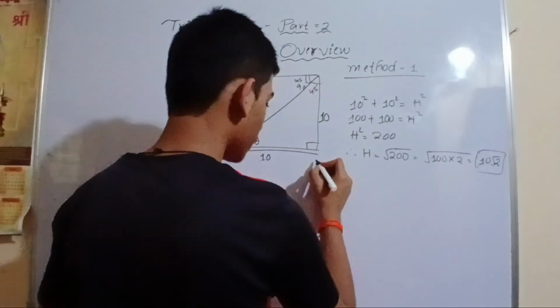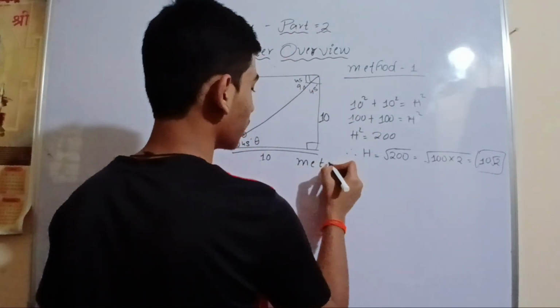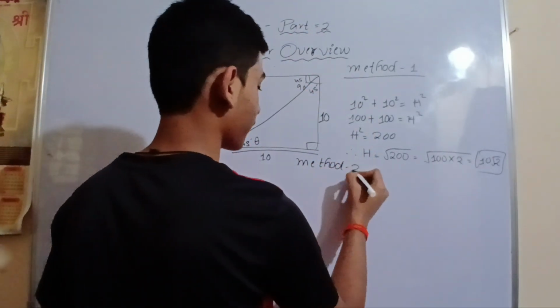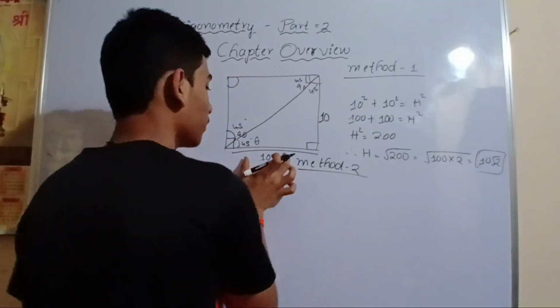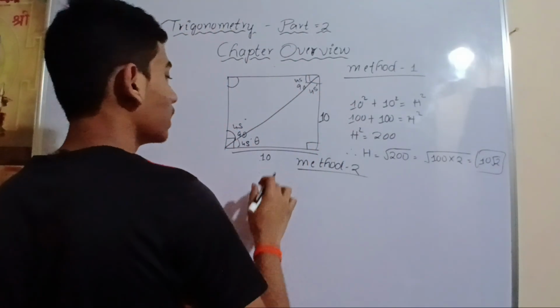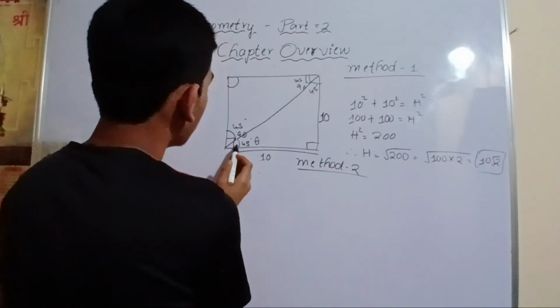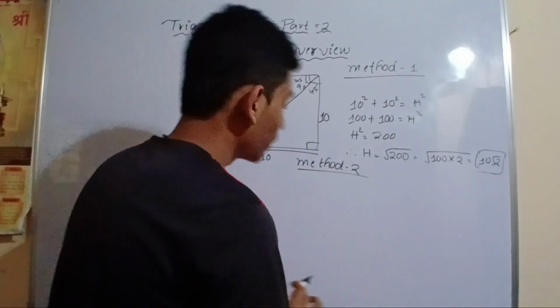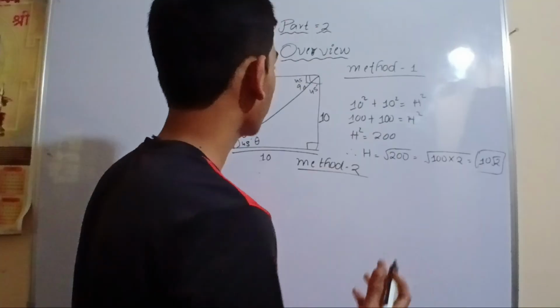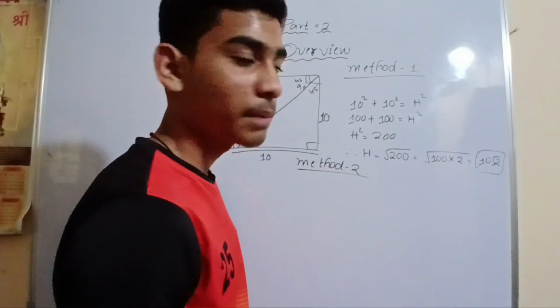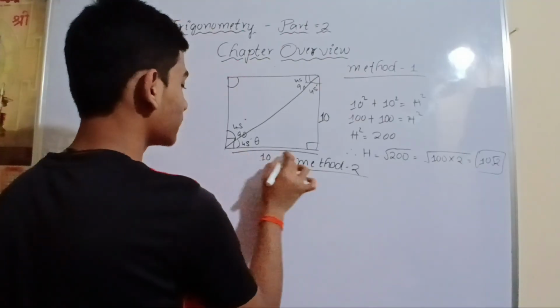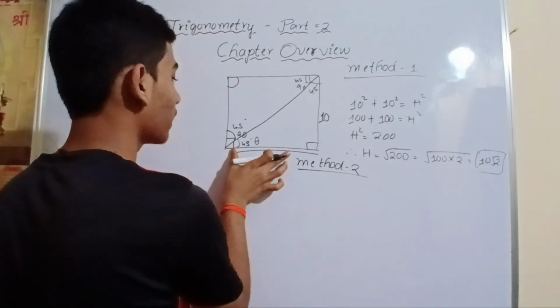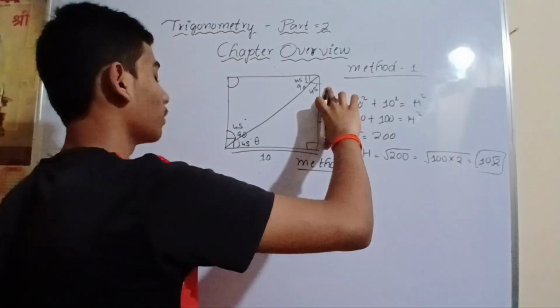And in method 2, I am going to use trigonometric ratios. We have both the sides except the hypotenuse, so we can consider any angle, this or this. In both cases we are going to get the same answer. So let's take this as theta. This is the adjacent, or we can use the opposite.